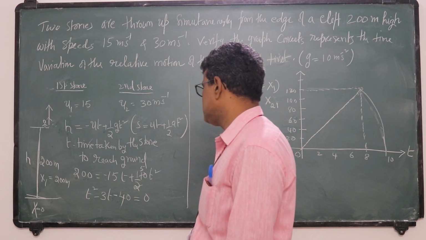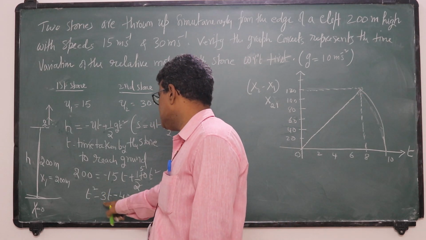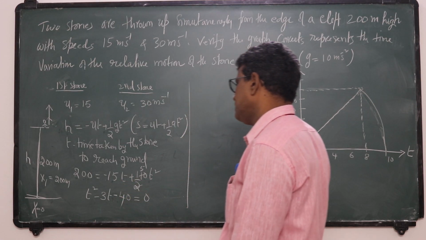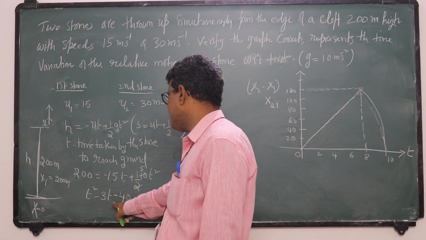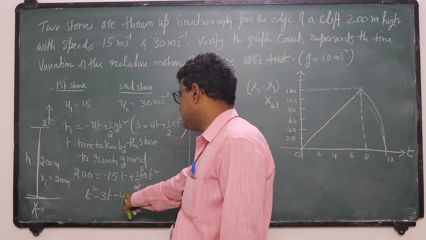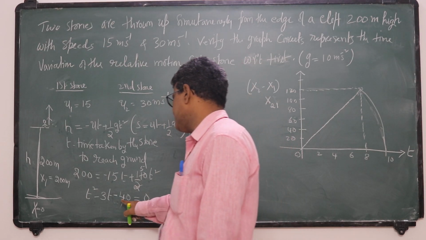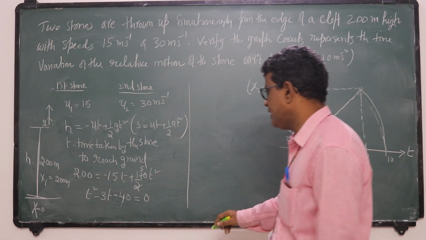This is t square minus 3t minus 40. So minus 5 and 3. What do you get? 8 and 5. So these are the roots, 8 and 5.